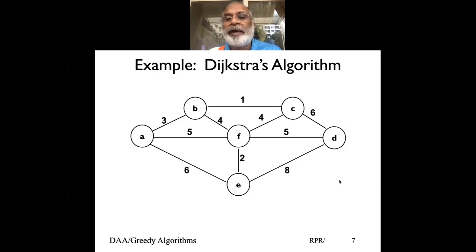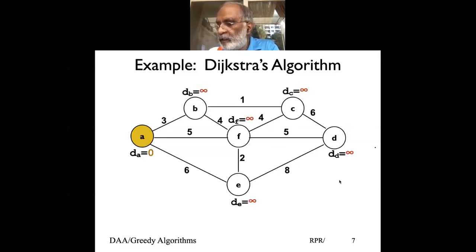So let's start from A. When you start from A, we set the distance of itself to 0, and we start with the distance of every other node as infinity.